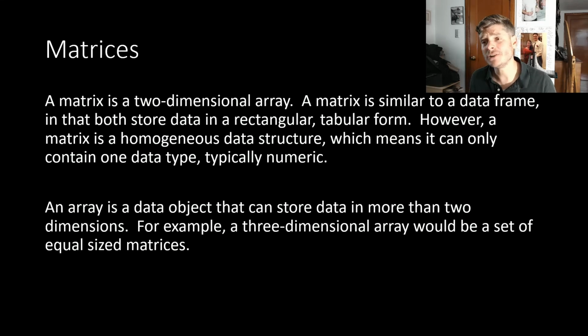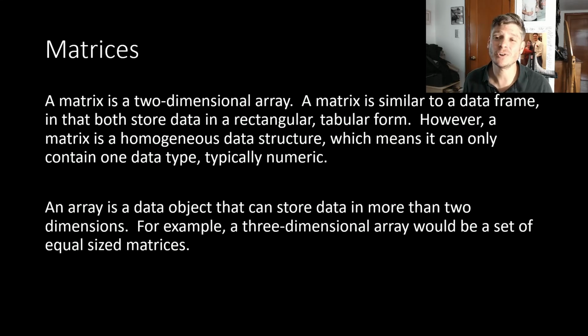Now, matrices are a small subset of what are known as arrays, and arrays are data objects that can store data in more than two dimensions. You can have a three-dimensional array or even a five-dimensional array, and although it's very difficult to try to really picture how the data is structured in your head when you're talking about a five-dimensional array, the idea is, again, you kind of just scale up.